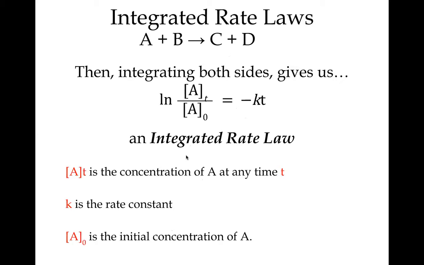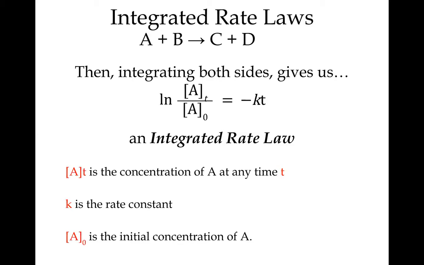And again, what this allows us to do is look at the relationship between concentration of our reactants and time. Okay, because what we have here is the concentration of reactant A in terms of time. So that's the concentration of A at any given time. K is, again, our rate constant, and A subscript 0 is the initial concentration of A, okay?